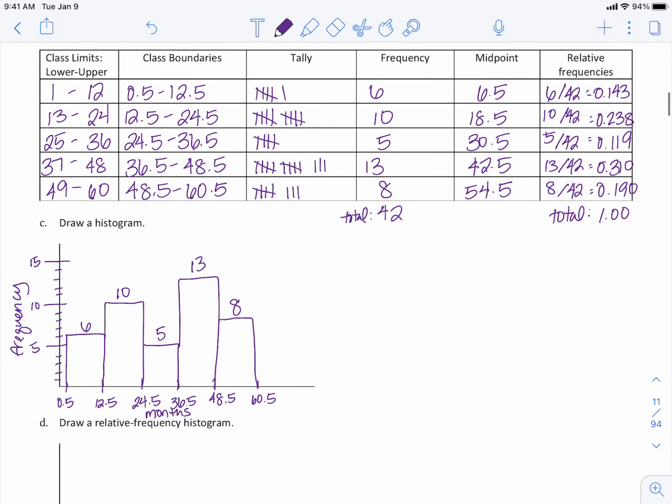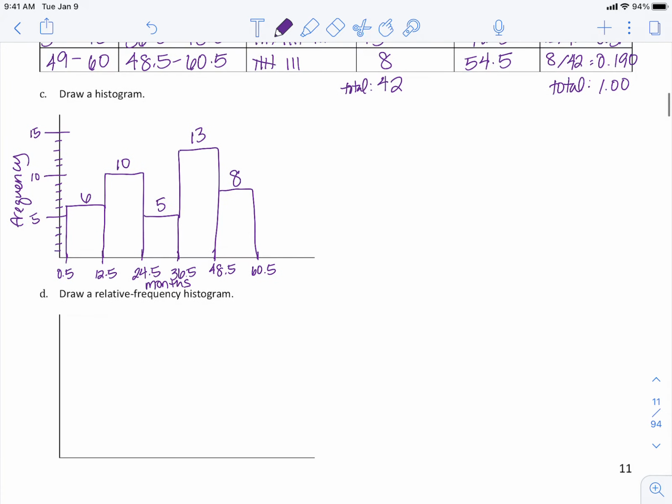Okay, for relative frequency histogram, again, remember our x-axis will be the same. So here we have 0.5, 12.5, 24.5, 36.5, 48.5, and 60.5.